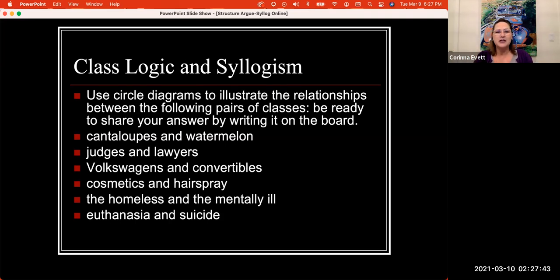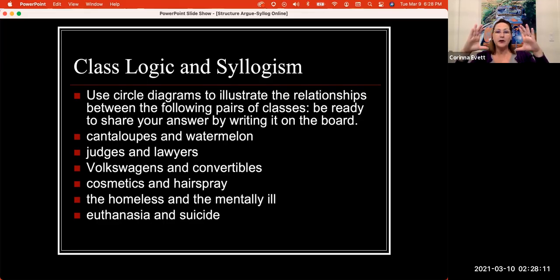How about judges and lawyers? If you know anything about judges and lawyers, we're going to have inclusion, but which one's going to be on the outside? So if you want to be a judge, you have to have a law degree. It doesn't mean you have to have practiced law, but you are technically a lawyer.